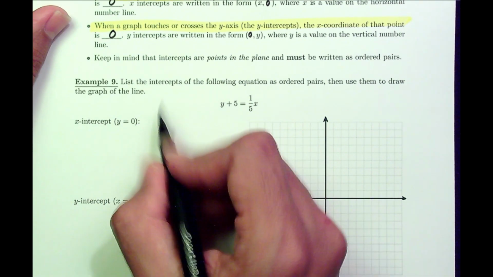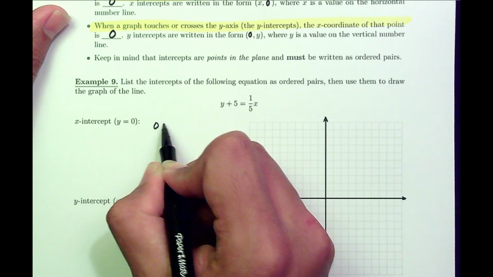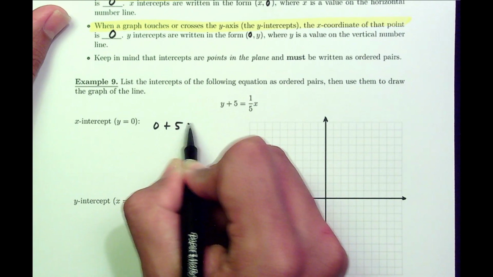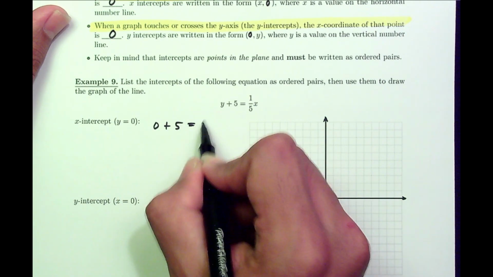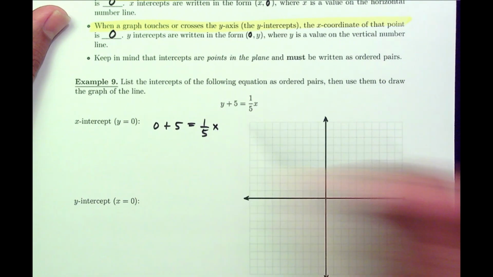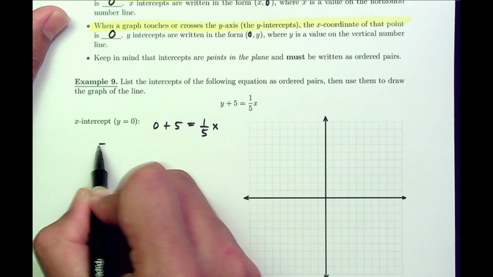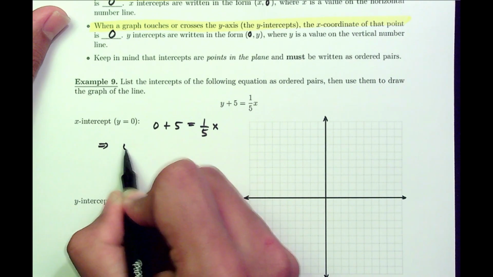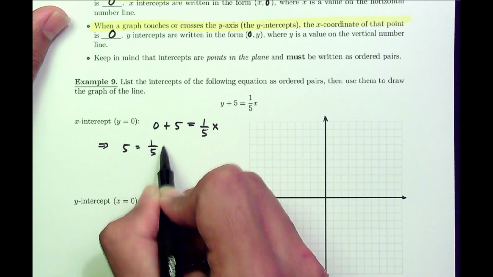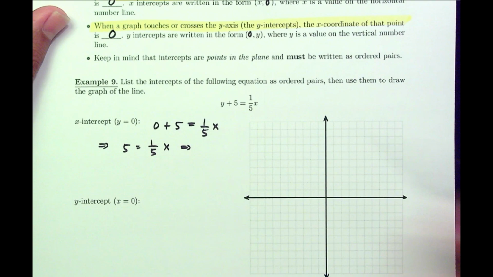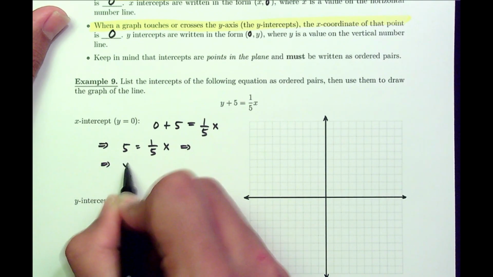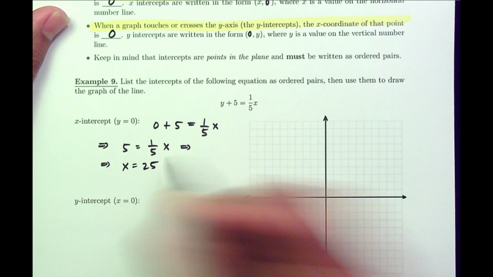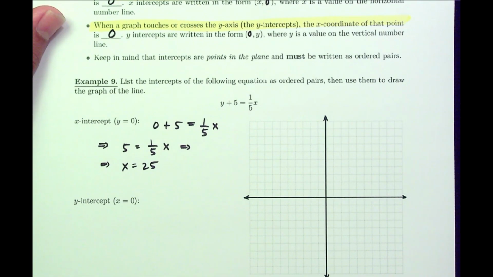So we're going to get 0 plus 5 equals 1/5 x, which is 5 equals 1/5 x. And remember that you get rid of that fraction by multiplying by 5 both sides. So you get that x equals 25. Okay, that's a big number.